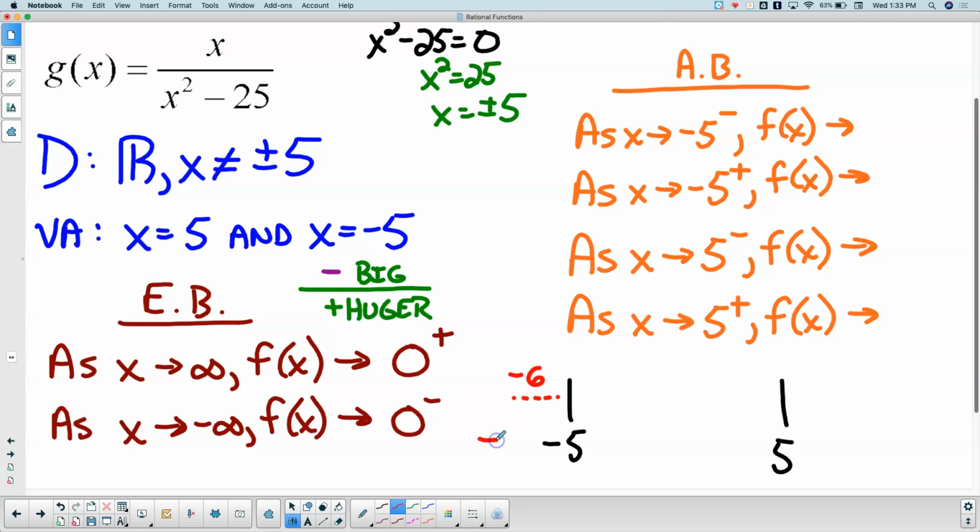I get a negative number over a positive number, right? And that positive number is going to get closer and closer to 0, right? So that's going to go to negative infinity.